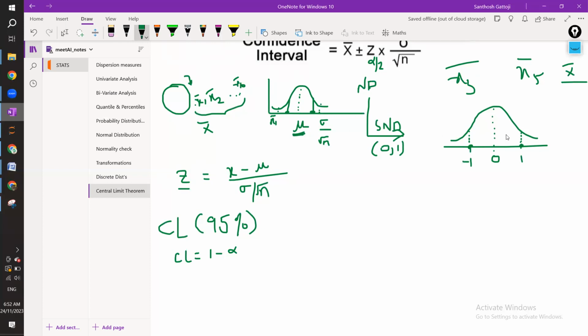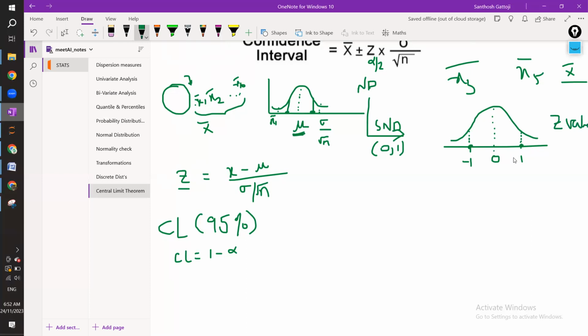Observe this. When you are looking at the normal distribution, you would need the x bar values for the range. But when you convert that into the standard normal distribution, I need a range of z values.